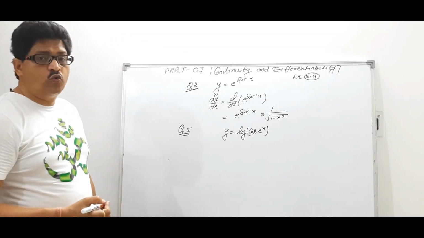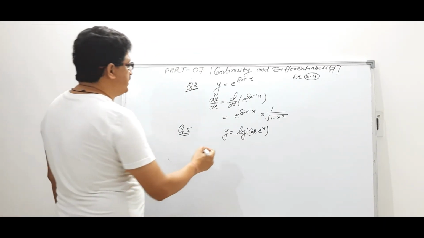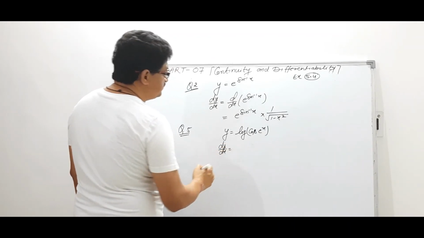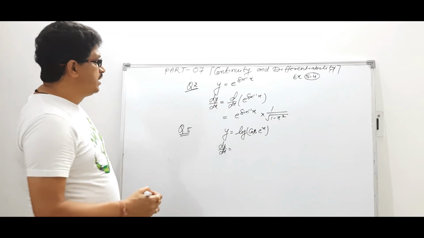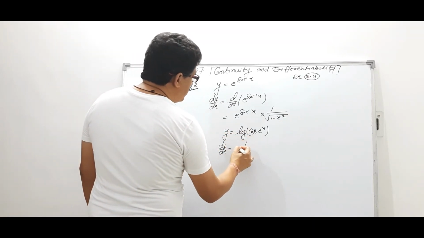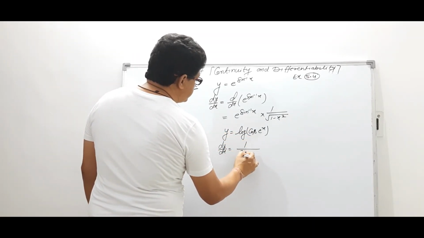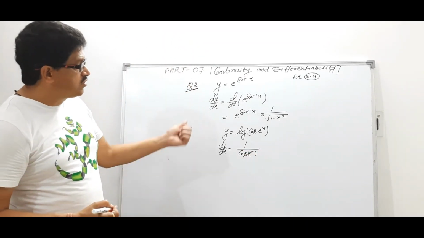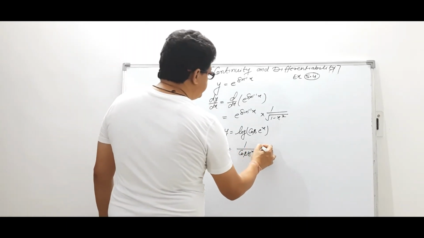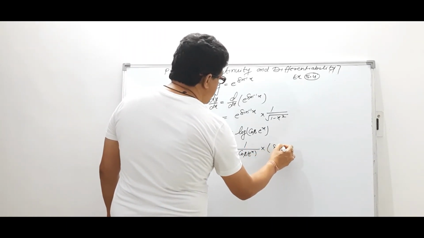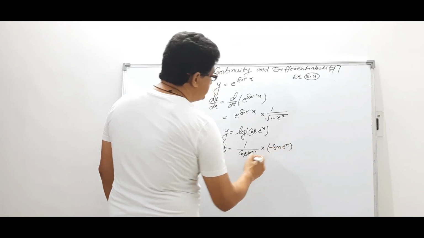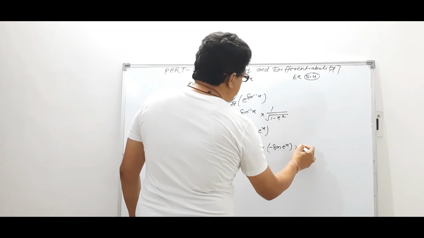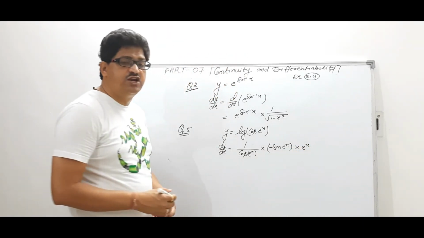Then dy by dx, first log का होगा 1 अपॉन cos e^x, देन cos का होगा minus sin e raised to x, और e raised to x का होगा e raised to x by chain rule.